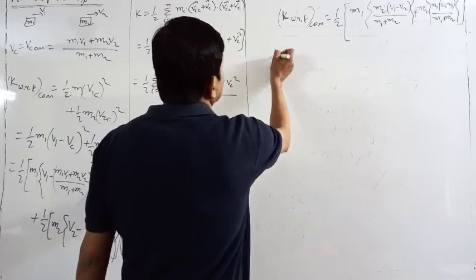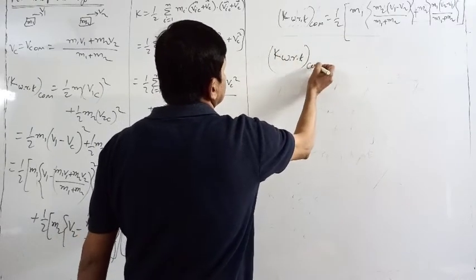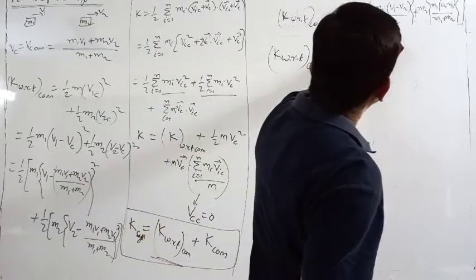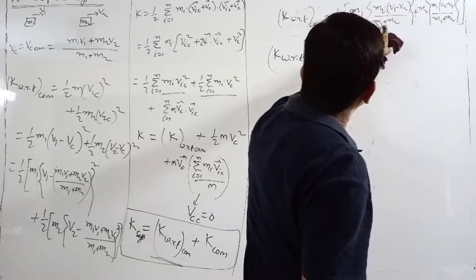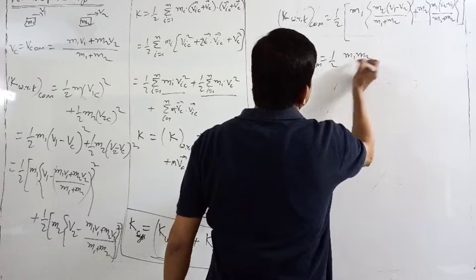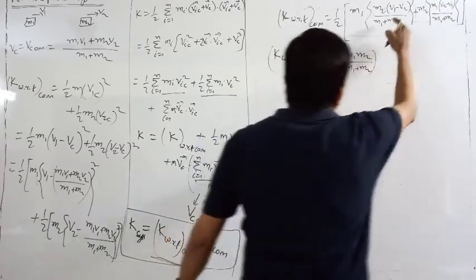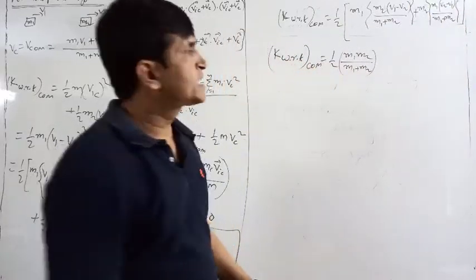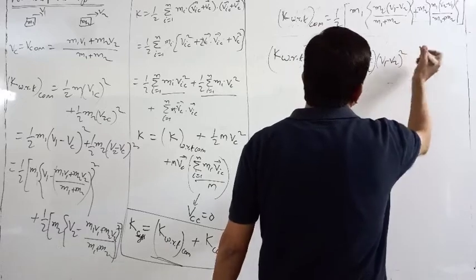Now, the kinetic energy with respect to the center of mass of the system: half, and m1 m2 I can take common, and m1 plus m2 I can take common. So m1 m2 by (m1 plus m2) common, and (v1 minus v2) squared and (v2 minus v1) squared are both the same.